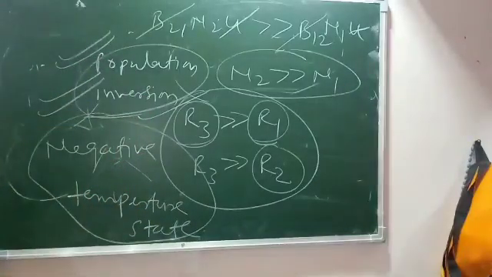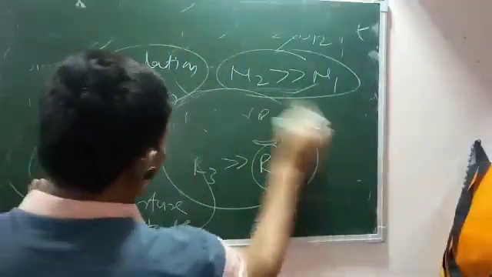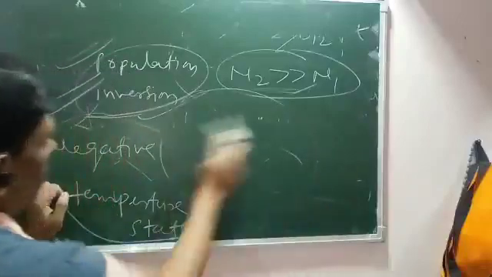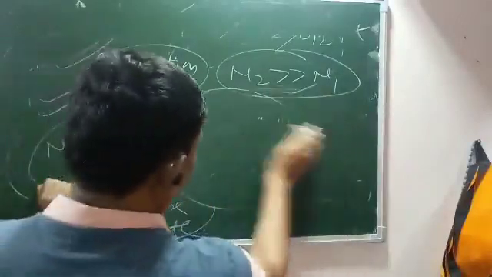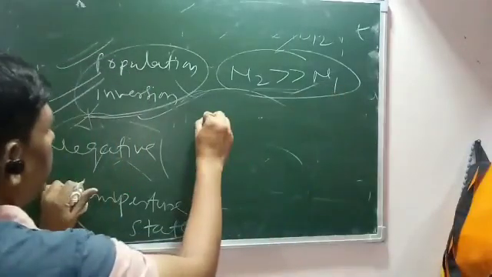Now we come to the negative temperature state. Here we can explore the condition N2 greater than N1. Let me write the values of N2 and N1 again.